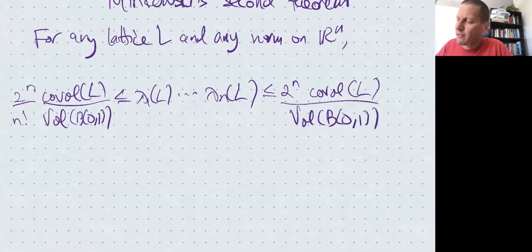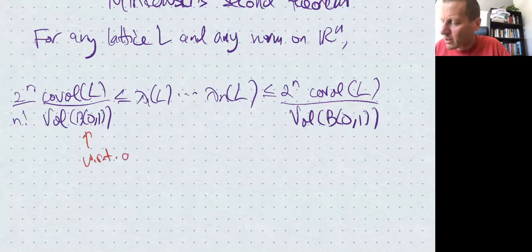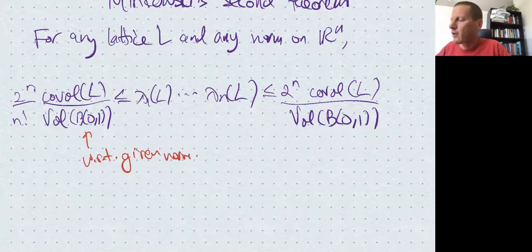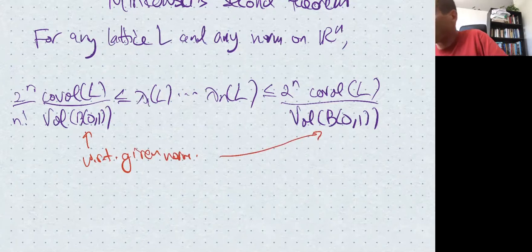And it also involves a certain volume normalization. And here, this ball is, again, with respect to the same norm. So it's important that the ball is with respect to the given norm, here and here. Okay, so that's Minkowski's second theorem.